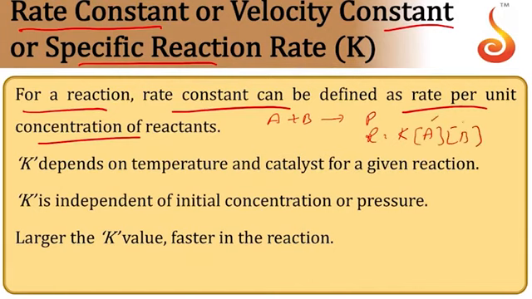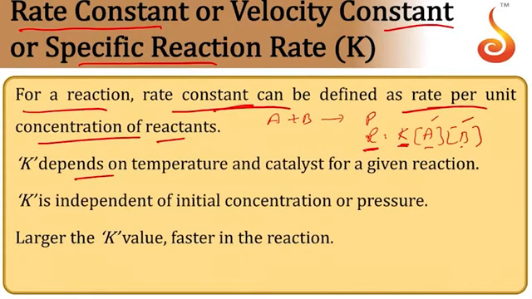If you take [A] and [B] as 1, then K becomes equal to rate only. So K is defined as rate per unit concentrations of these two substances.